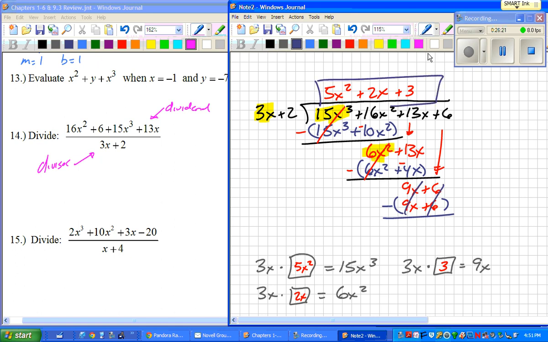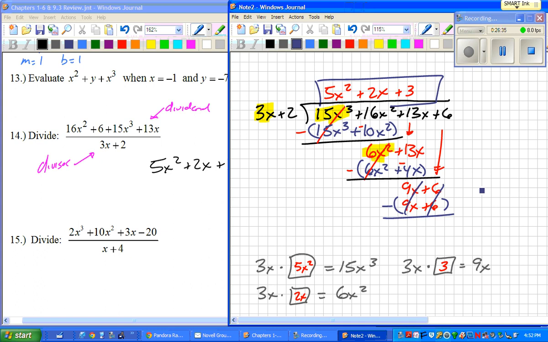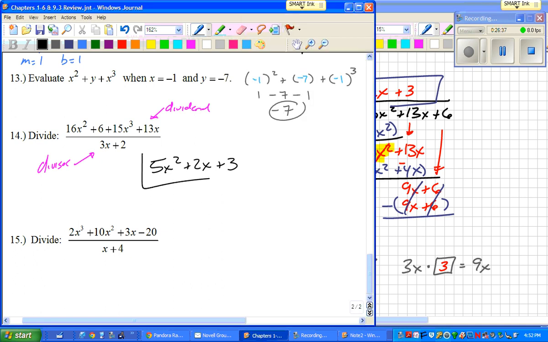So your answer is 5x squared plus 2x plus 3. Okay? And I'm going to write right here, watch video for work. That's going to be for this one and this one.